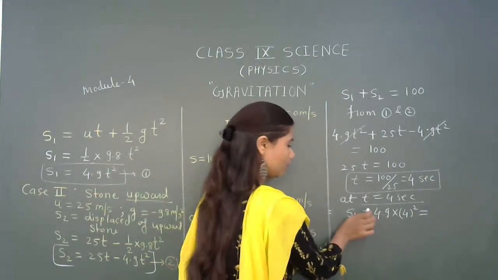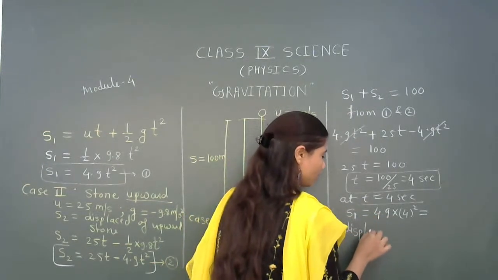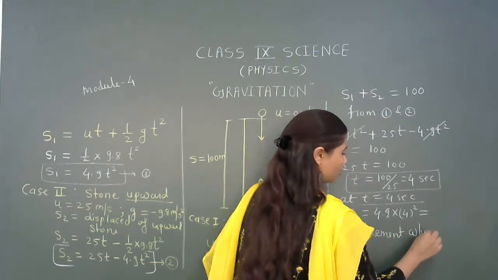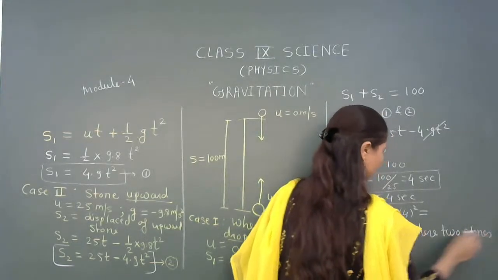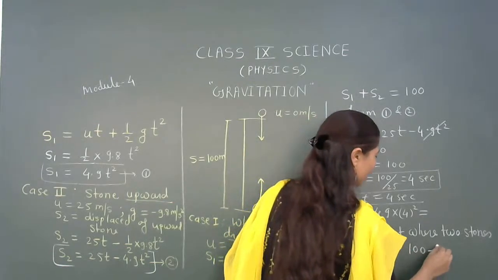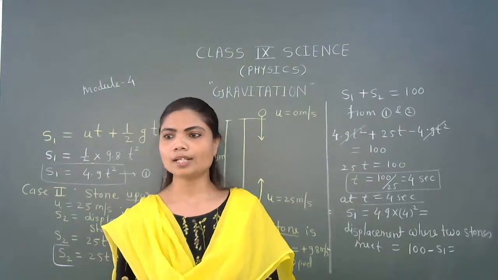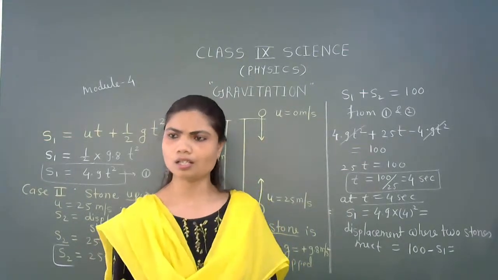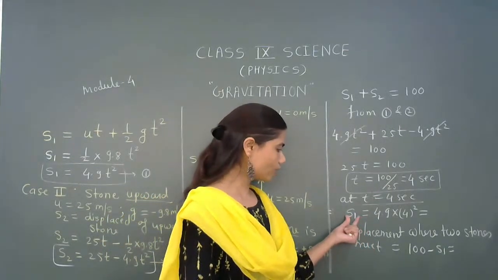And thereby the displacement, or where the two stones meet, will be equivalent to 100 minus S1. Yes, give me the answer. Correct. 20 meter or 20.6 will be the displacement from the ground. Yes, but I have actually asked you S1.